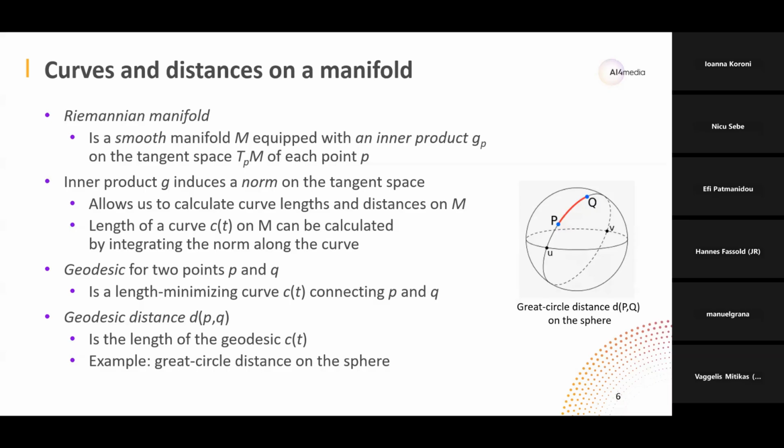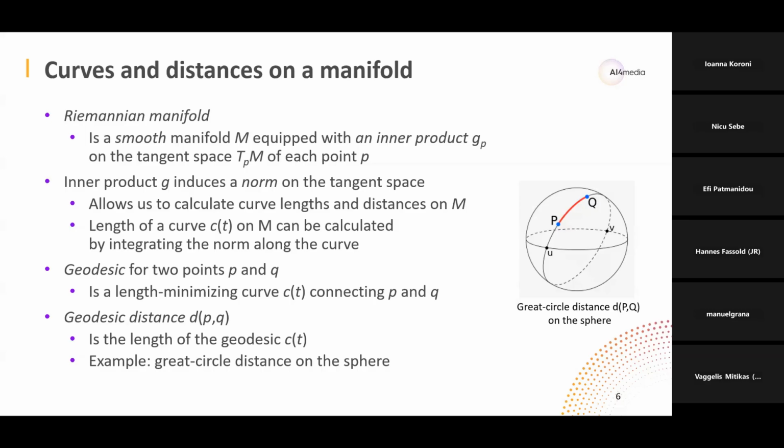T is here the time, and the curve is starting at a certain point, and then you're moving over this manifold. On such a Riemannian manifold, you can now calculate the length of this curve c(t) just by integrating the norm along the curve. Of course, this is very high level, because I can't bring all the details. But that's the basic idea.